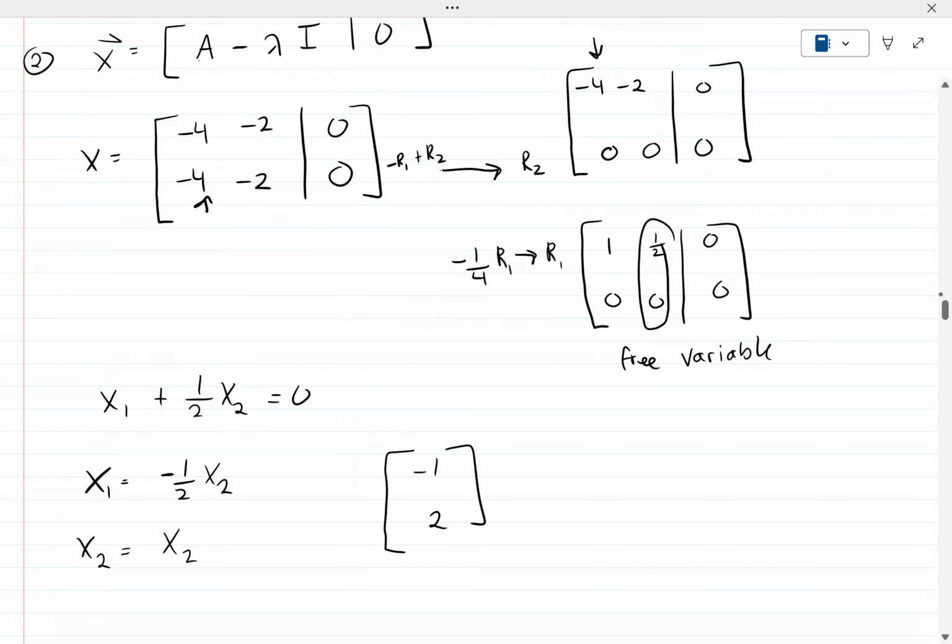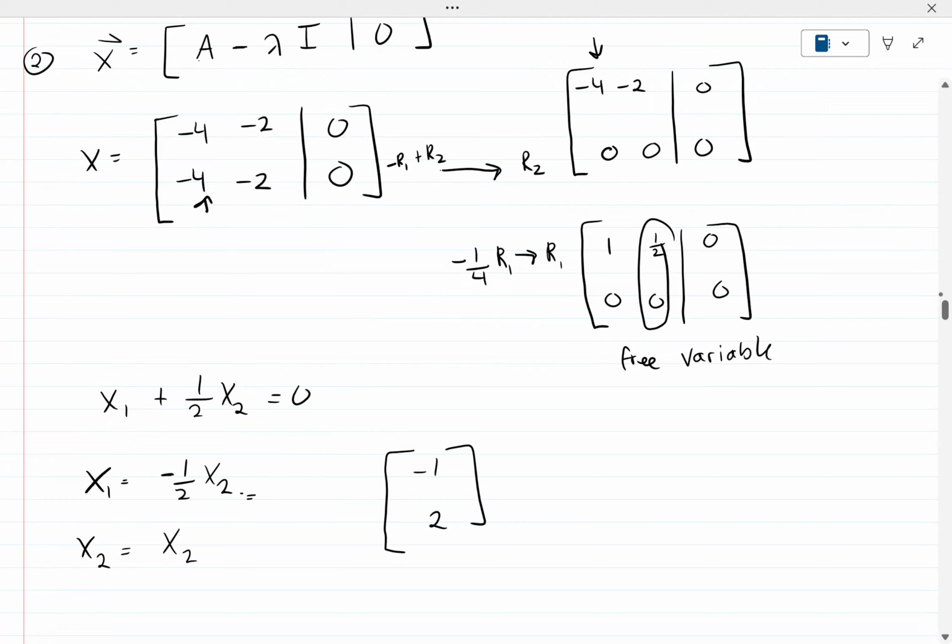So what that means is, how did I get from here to here? All I did was multiply this by 2.